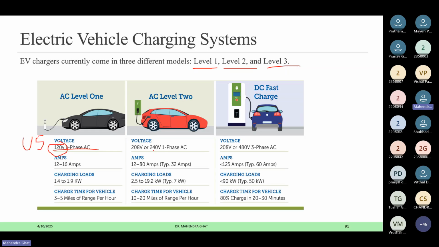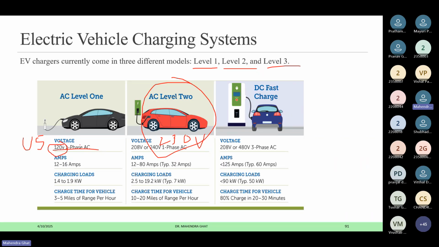In India, we will have 230 volt AC. So we fall into the type 2 category. Type 1 category is generally available in the US, so for that they have defined it as level 1.